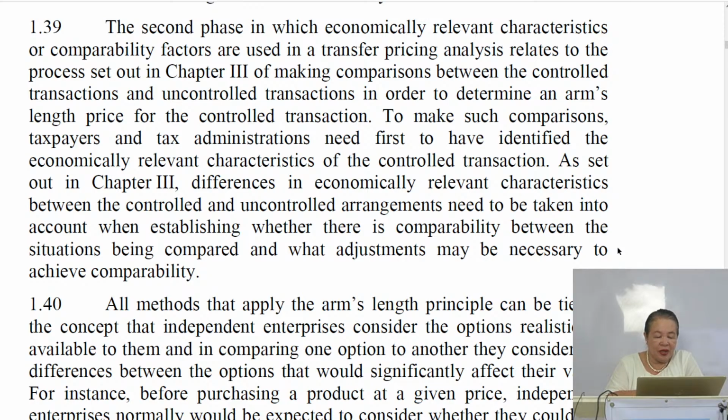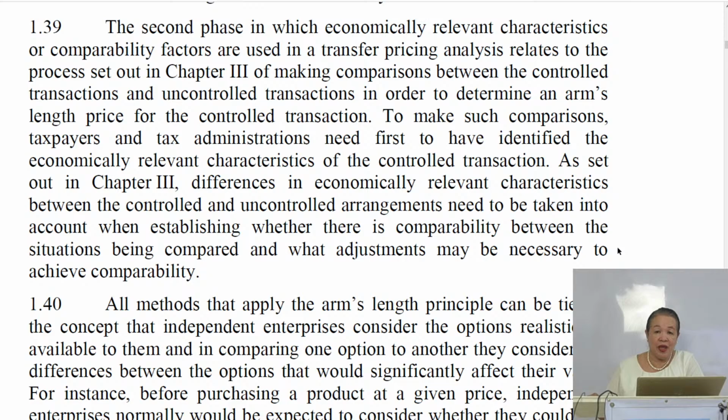To make such comparison, taxpayers and tax administrations need first to have identified the economically relevant characteristics of the controlled transaction, no? So differences in economically relevant characteristics between controlled and uncontrolled arrangements need to be taken into account when establishing whether there is comparability between the situations being compared and what adjustments may be necessary to achieve comparability.